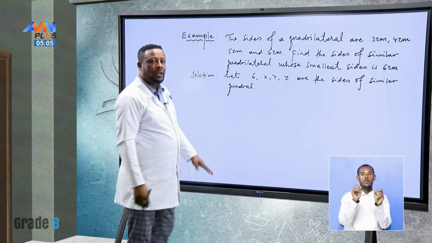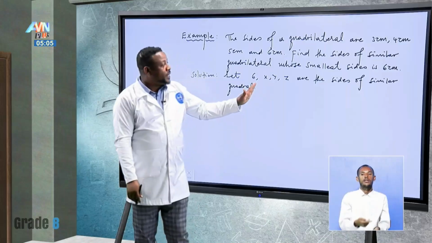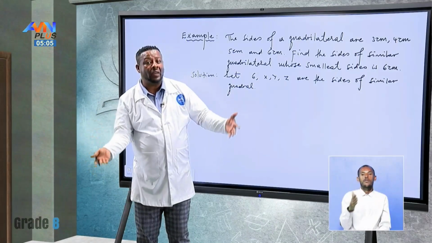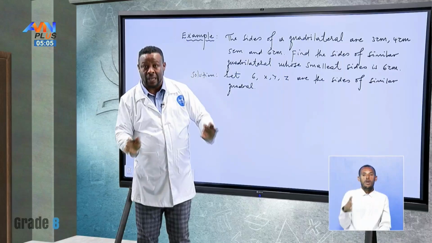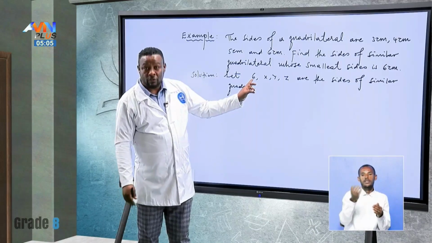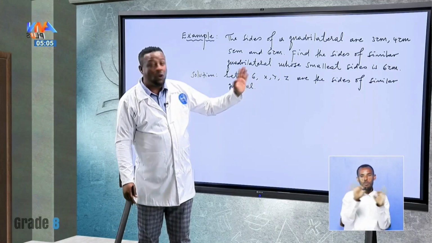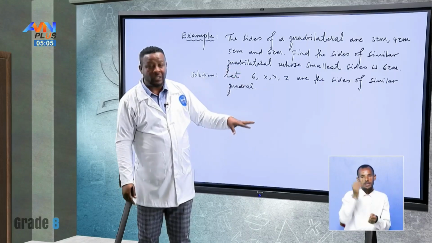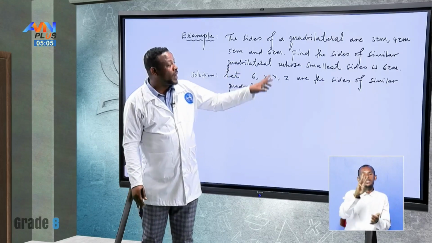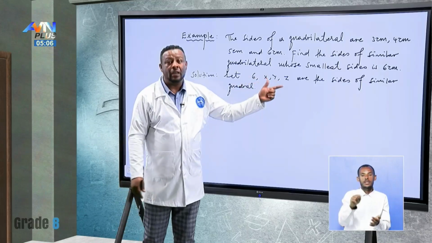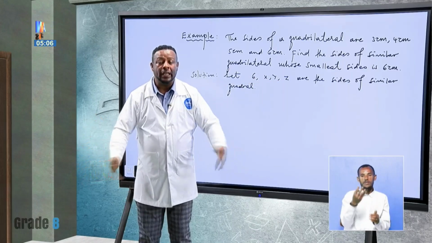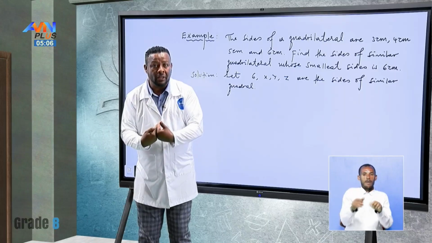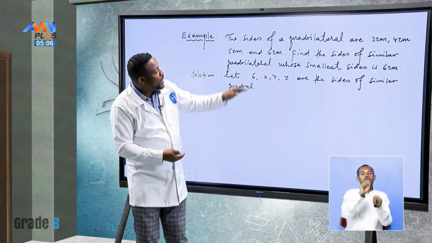Okay, here 6 is already known. One of the sides of the unknown quadrilateral is known, the smallest side of that quadrilateral. So you have to properly put all the variables and the known information. So 6, X, Y, Z. Why 4? Because it's a quadrilateral. That means it's a 4-sided plane figure, right?